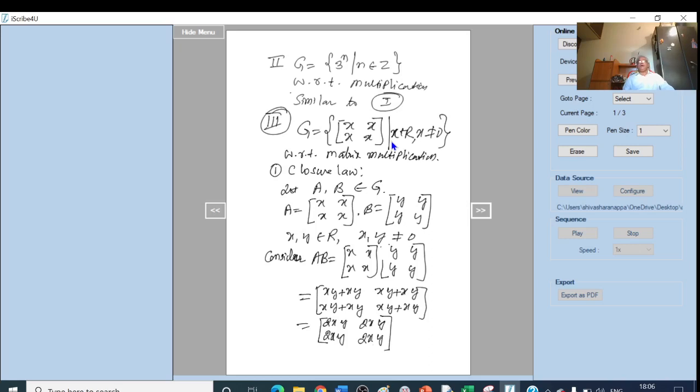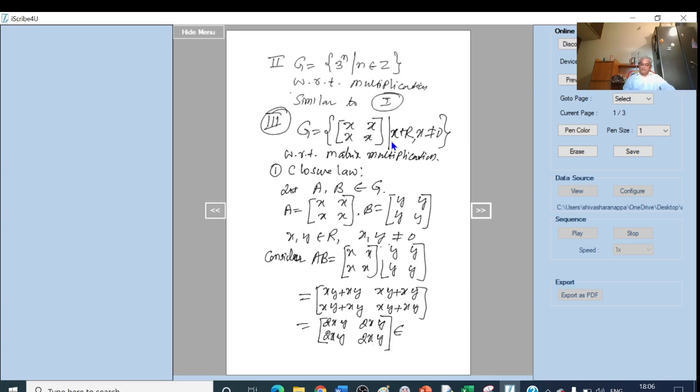Again, this is a 2 by 2 matrix and each element is the same. That is, each element is 2xy. And here x and y belong to R, therefore xy also belongs to R. That is, 2xy belongs to R. And x is not equal to 0, y is not equal to 0. Therefore, 2xy is also not equal to 0.